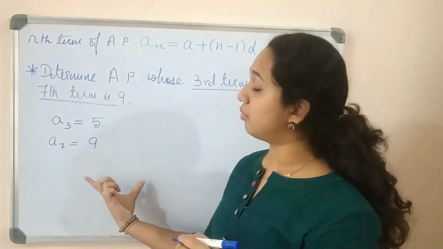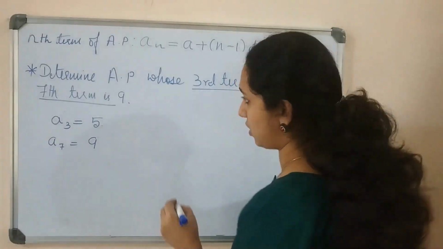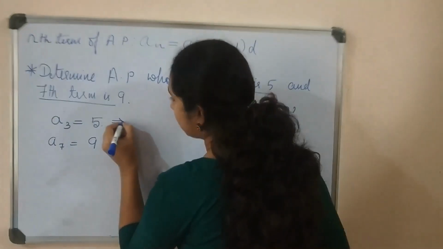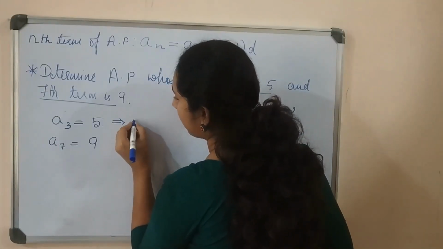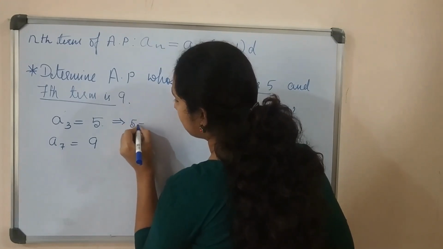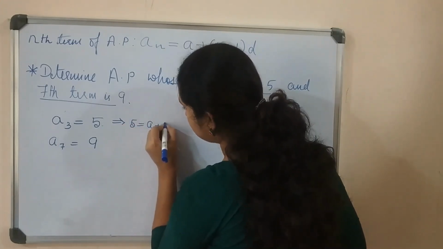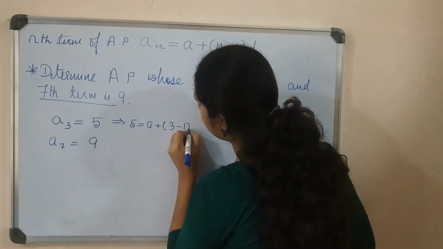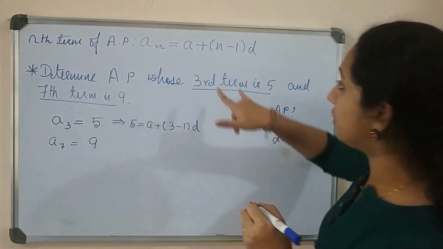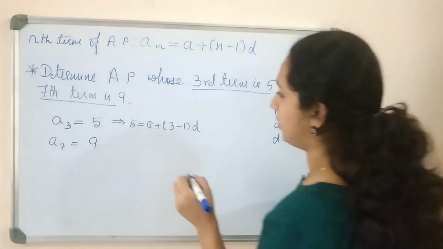So now what I have to do is form the equations. From this, I'll get 5 is equal to A plus (3 minus 1) into D, according to this formula.